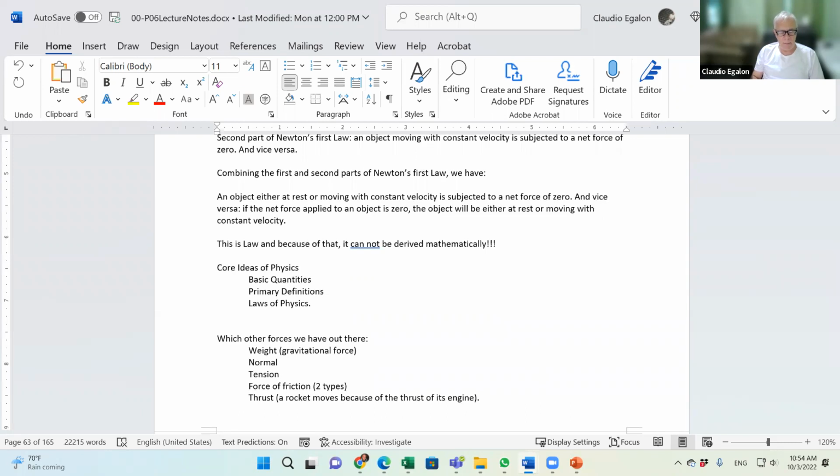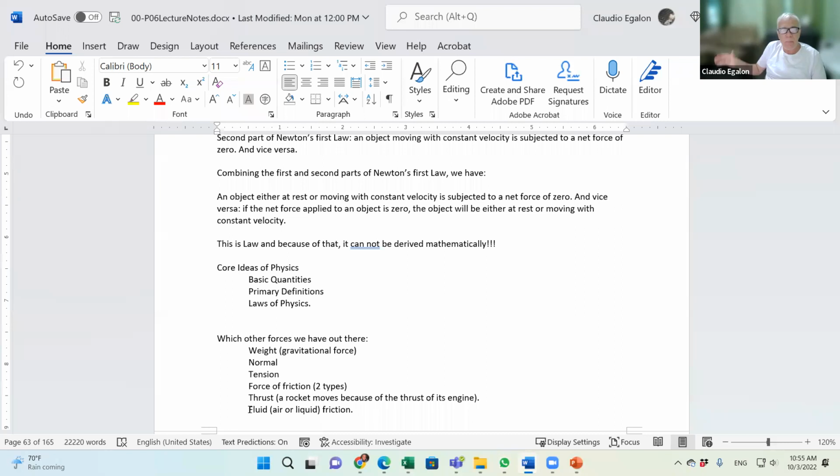We have air friction, the force of air friction. Even better, not air friction, but fluid friction, which can be either air or liquid. If you're driving your car on the freeway at 60 miles an hour and you put your hand outside the window, you're going to feel some force due to wind colliding against your hand.